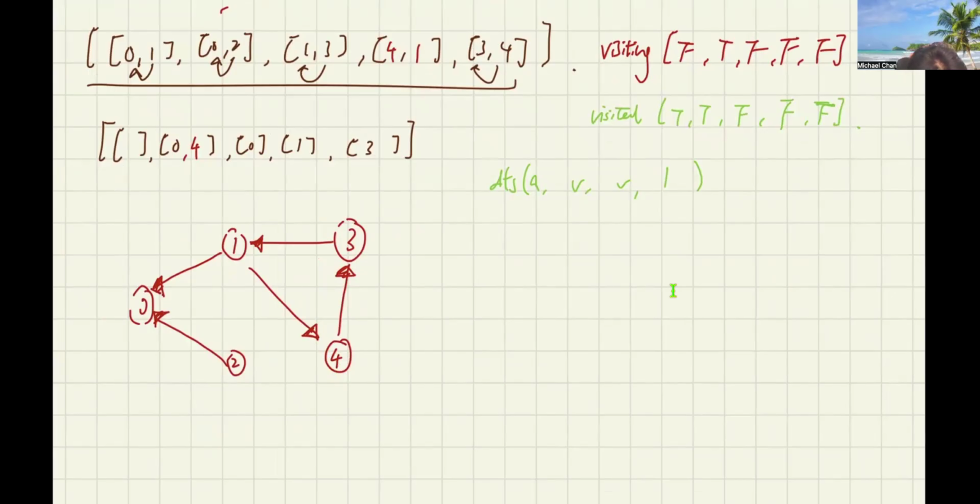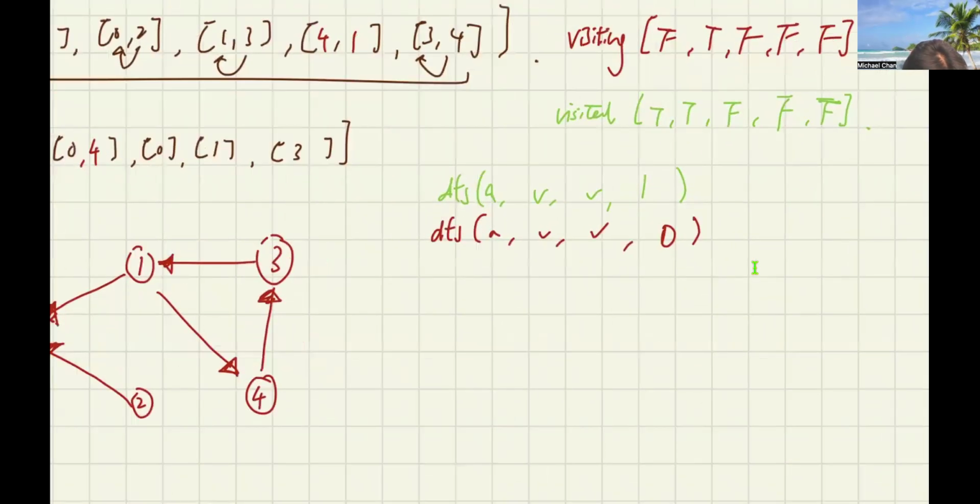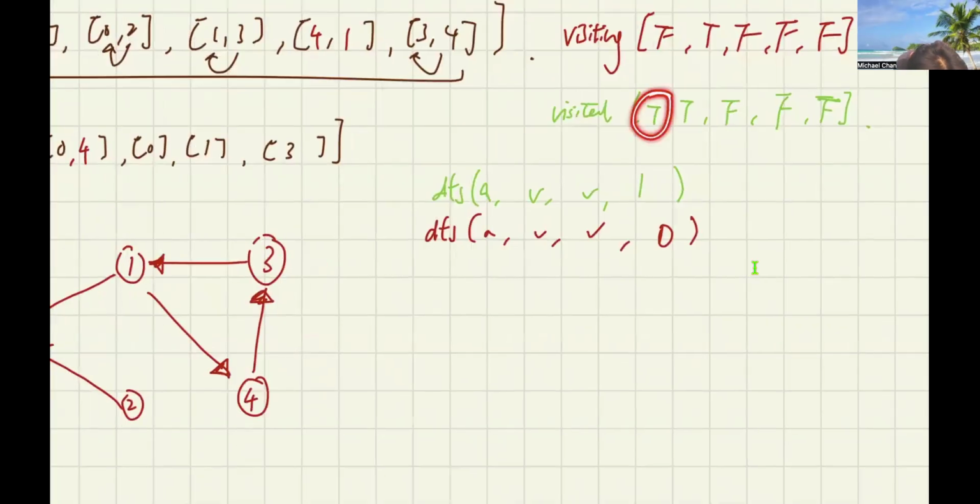You pass in the neighbors, which is first 0, right? And 0 is here, so you return true for this call.